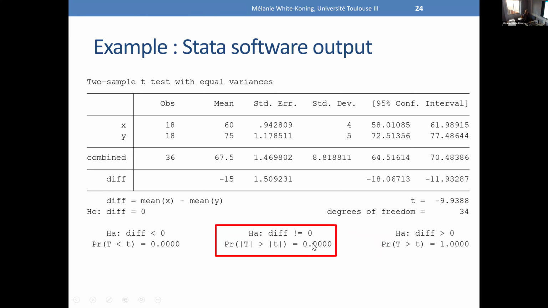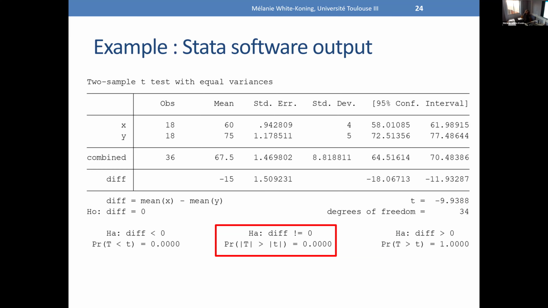You can see that the p-value is very, very small, okay? So is it less than 0.05? Yes. The small p, the area under the curve, is much smaller than 5%, so we reject the null hypothesis. It's the same conclusion. Do you have any questions on this exercise?